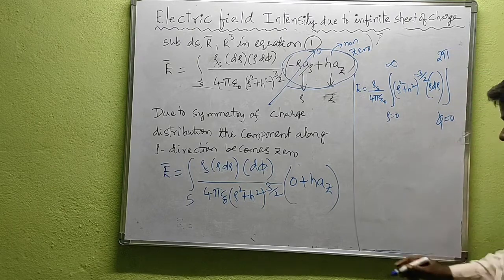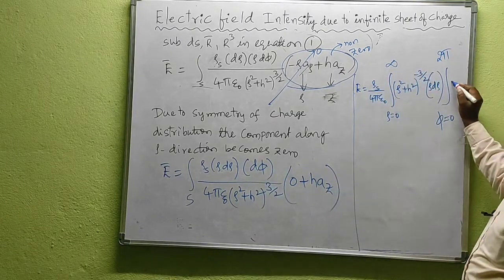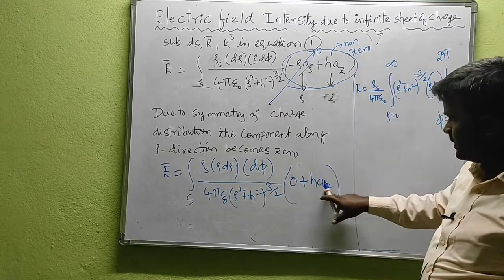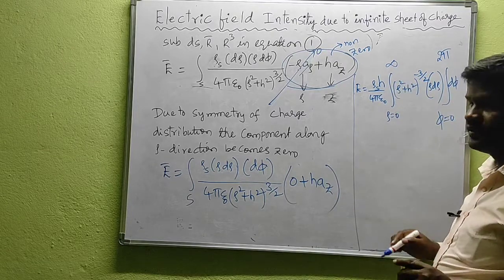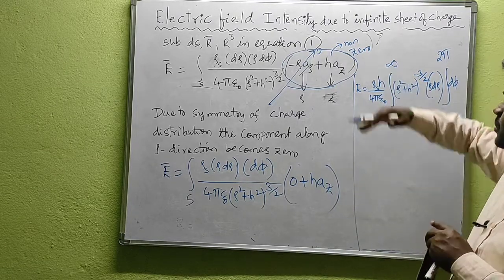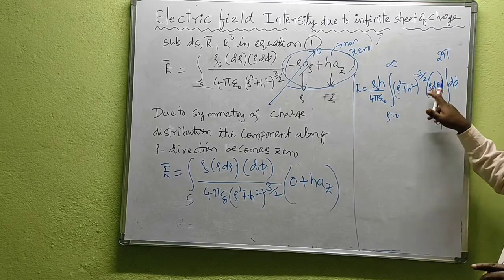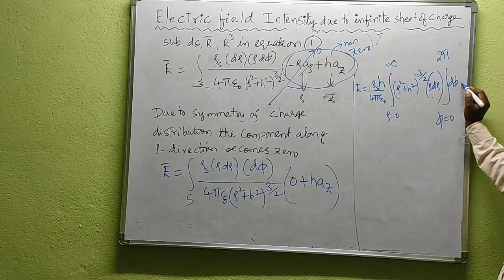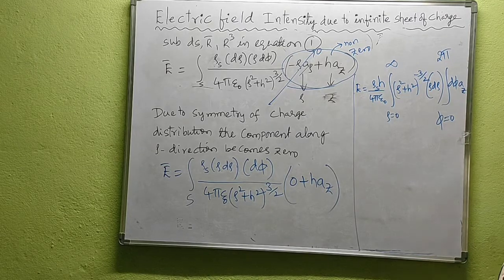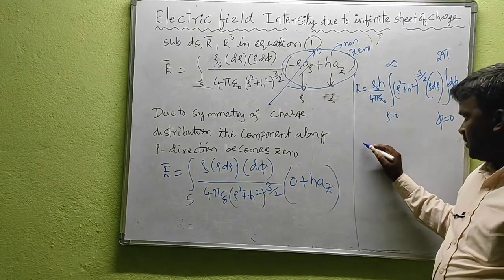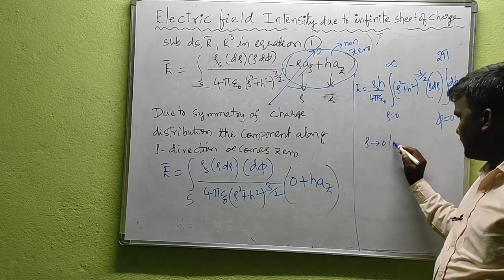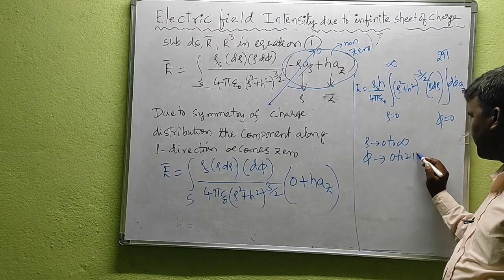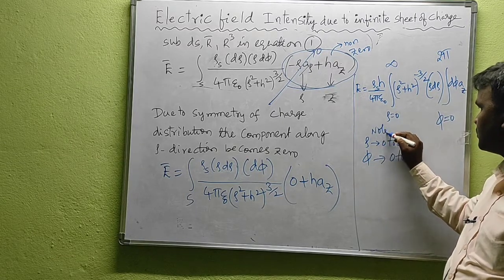And what about the phi component? Here we have d phi into h into az. I am writing h as constant, from the origin to height h, because here the integration is with respect to rho and phi, which means h is treated as constant, into az, that is the direction. Where rho is varied from 0 to infinity for an infinite sheet of charge, and phi limits are 0 to 2 pi. Please write this down as a note.